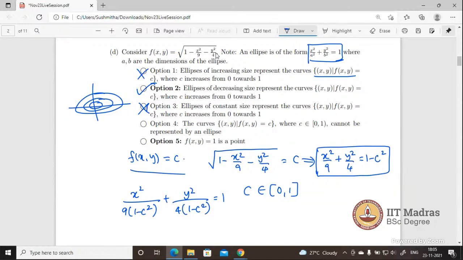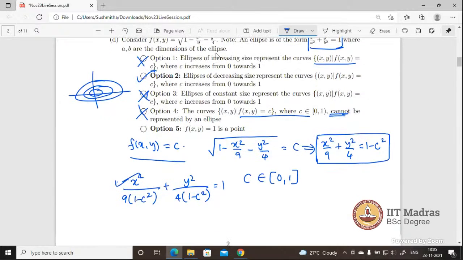C being a scalar, we can do it. No, c is not equal to 1, that's why we can do it. It's closed 0, open 1. So c does not take the value 1, so I'm allowed to divide. So this is a representation of an ellipse. So option 4 is wrong. It is an ellipse.